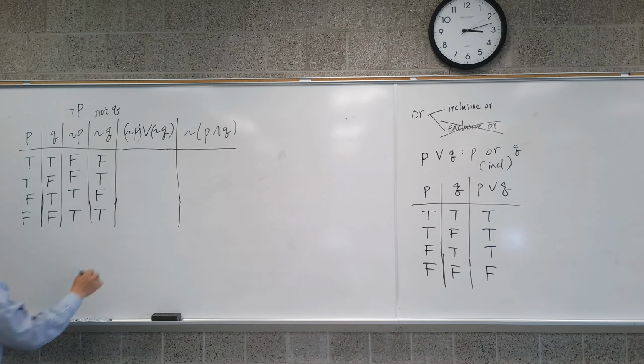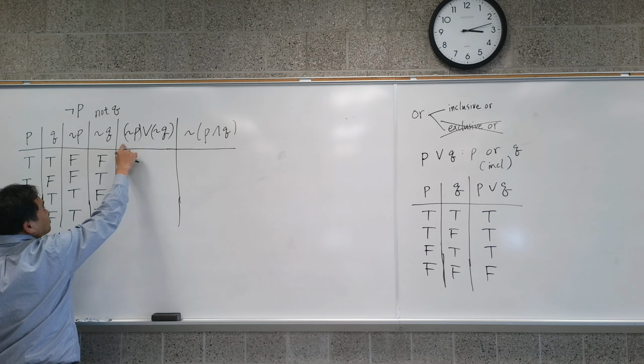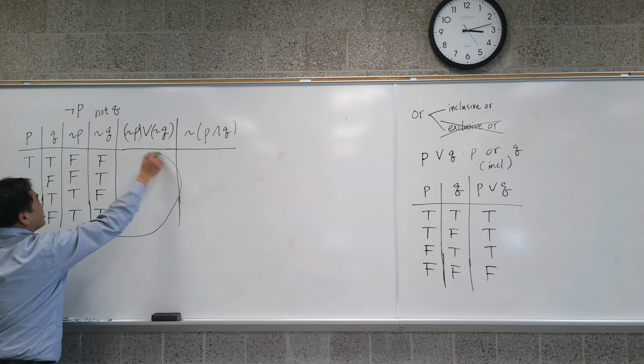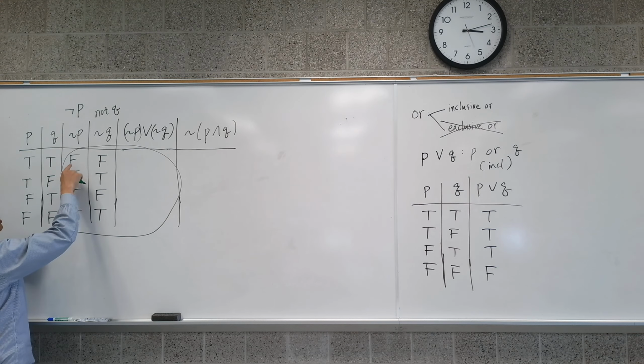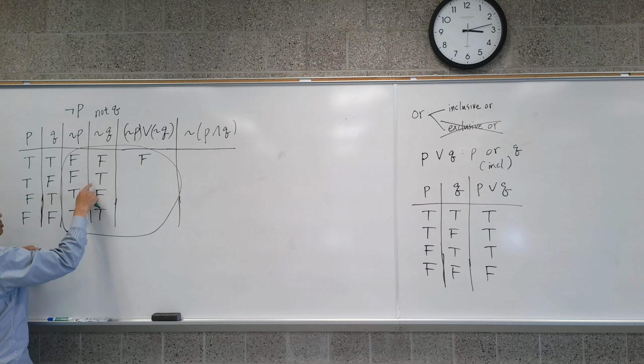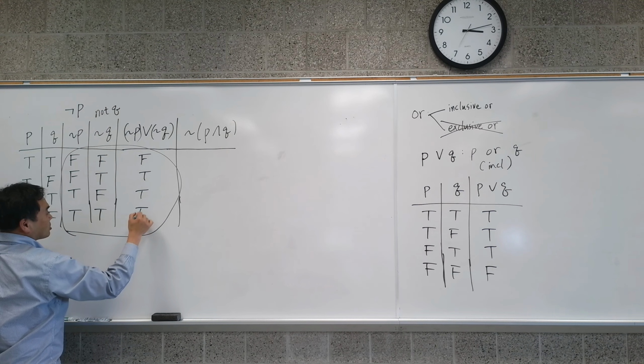Now let's think about the OR statements. If you have two things connected with the OR, then you end up with true if you get true for at least one of them, right? So only when they're both false do we know that it's going to be false. But when you have true in any one of these places, this is going to evaluate to true, right?